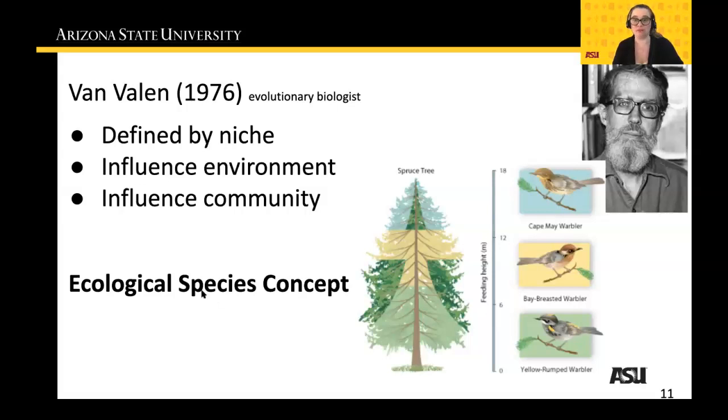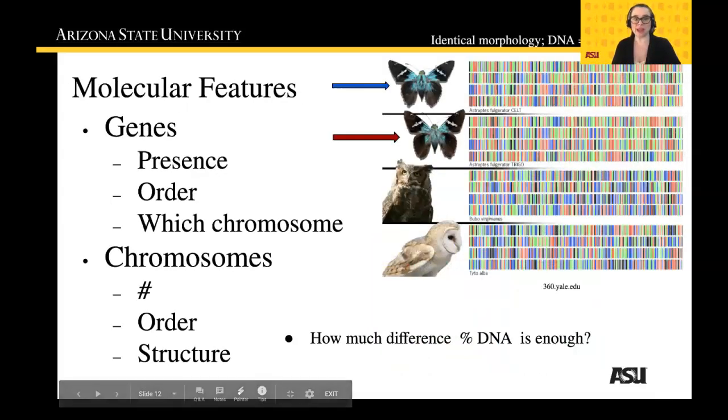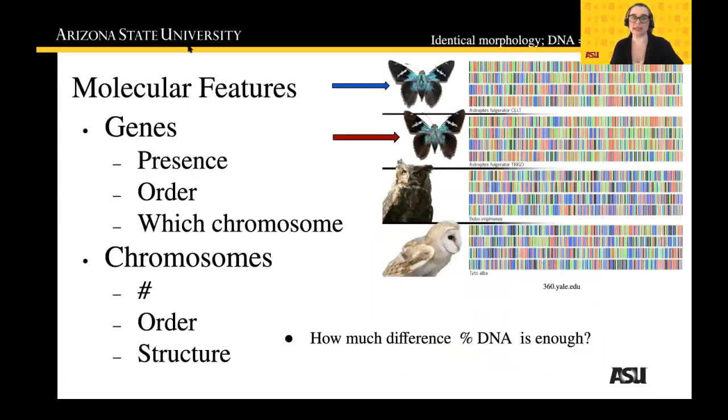These warblers are all different species living in one habitat, but with a separate niche being exploited by each bird. Another way that scientists separate organisms is by molecular features. These would be things like their DNA. The DNA is a difference in genes, the presence of a gene, the absence of a gene, the order in which the genes are found on a chromosome, or which chromosome the gene is carried on.